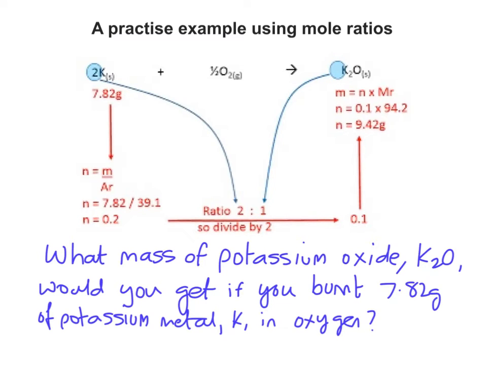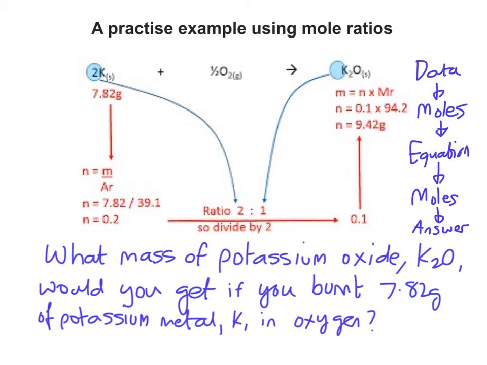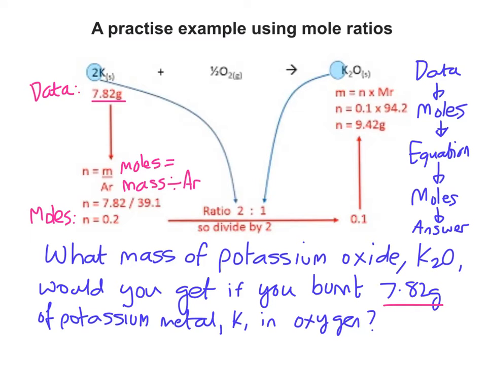There's a little technique we can use here called DMEMA: data, moles, equation, moles, answer. Now if we look at our question, we're told that we have 7.82 grams. That's our data. So what we do is convert that to moles, which gives us 0.2 moles.